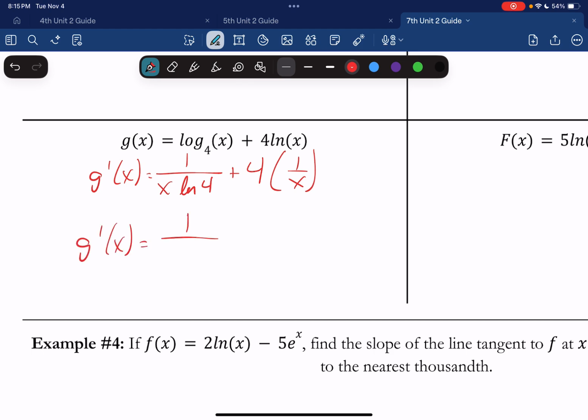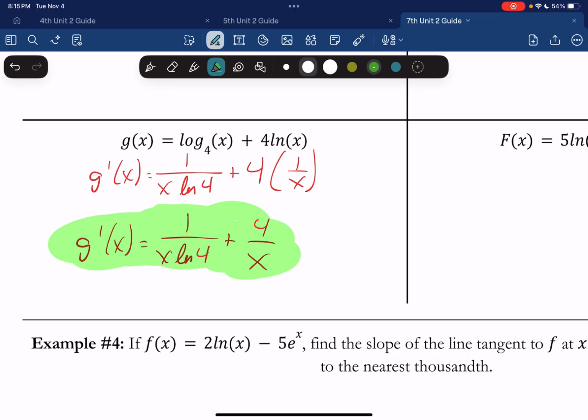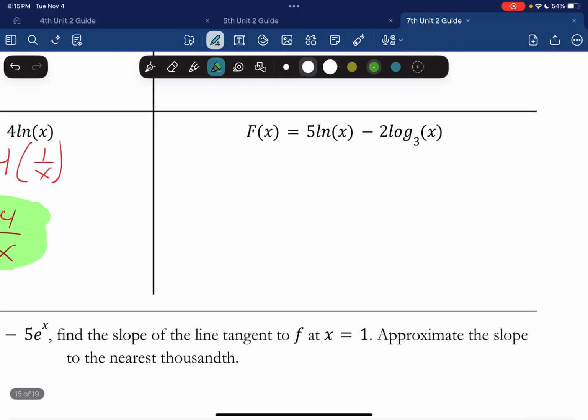So I'm going to rewrite this as 1 over x times the ln of 4 plus 4 over x. So there's my derivative.